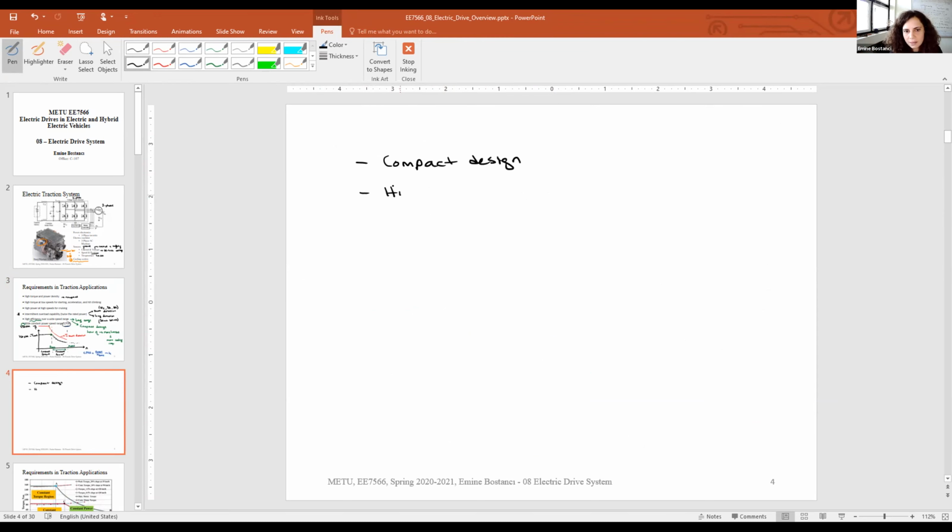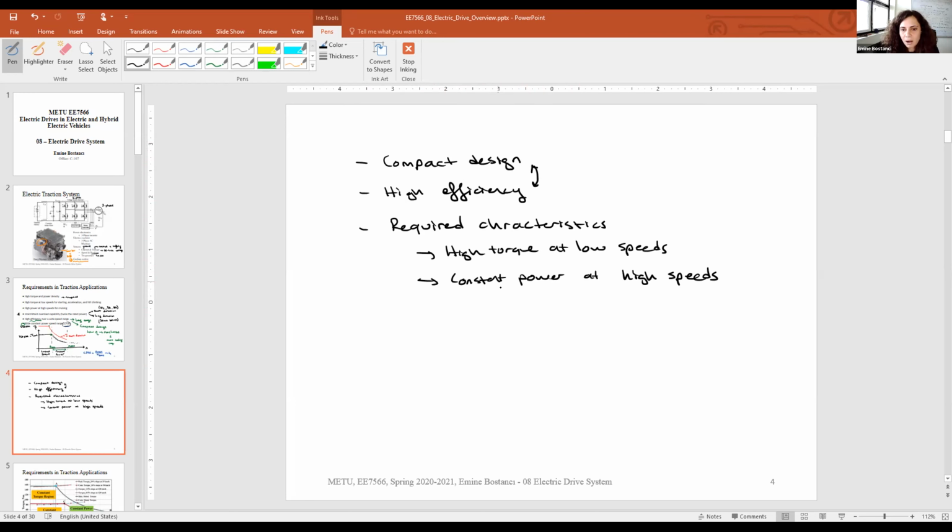Moreover, if you want to have a high torque, then you need space because you need to somehow supply the current to the system. And if you want to have a high power, it is different, because then it means that you don't want to have a high B in the system. If you want to have a high torque, usually you don't have a high constant power.